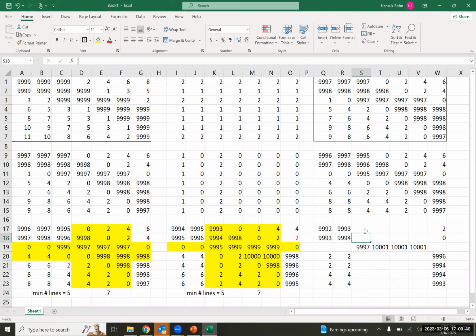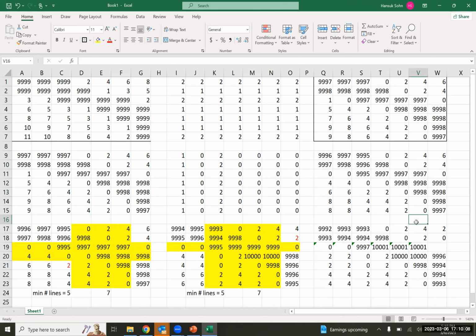Okay, so we're gonna just copy from the previous cost matrix. So I'm gonna copy and paste like this, and then also copy, paste.